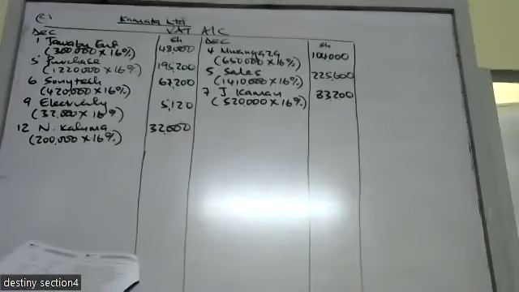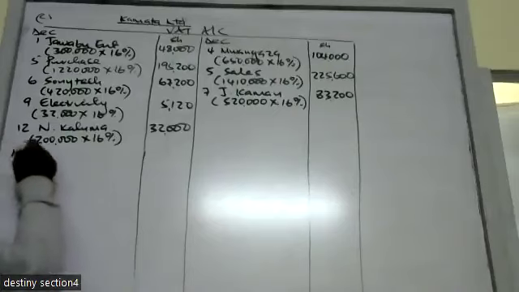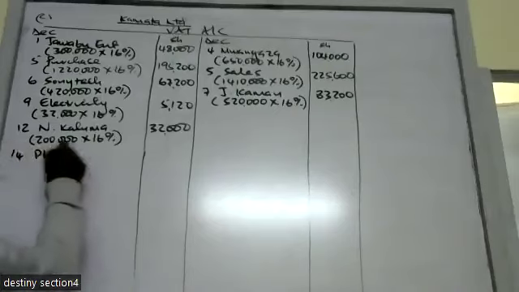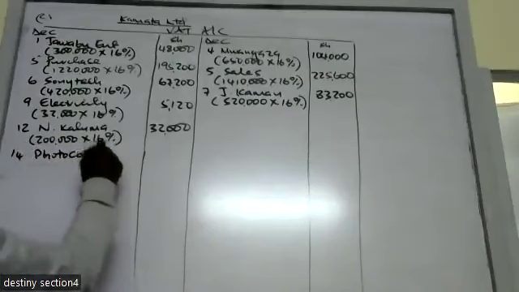So we look for the next date, which should be 14. Now 14 has two: there is the sales day book and there is photocopying in the cash book. We will start with the cash book. Photocopying will debit here. Photocopying is a vatable service.